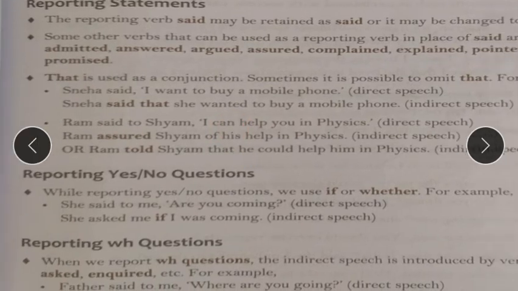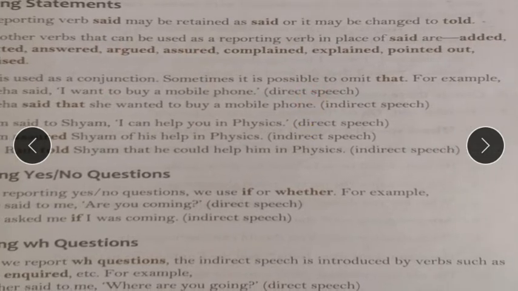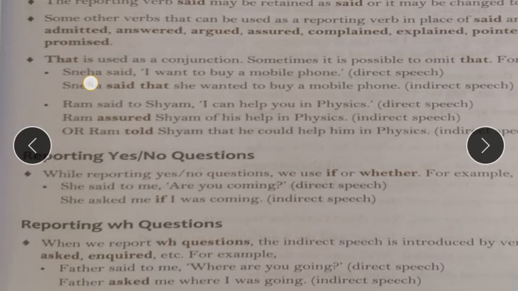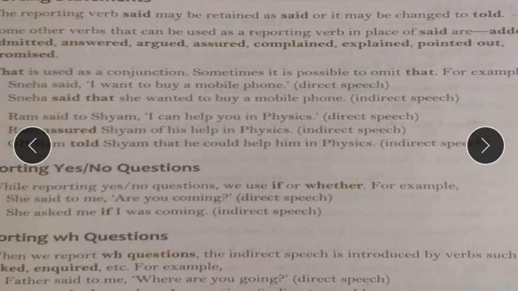Second point, some other verbs can be used as reporting verbs in place of said. Some more words can also be used in place of the word said, that are added, admitted, answered, argued, assured, complained, explained, pointed out, promised.